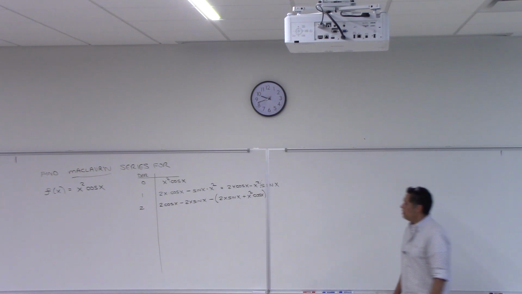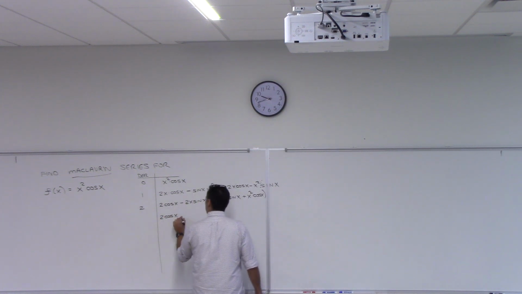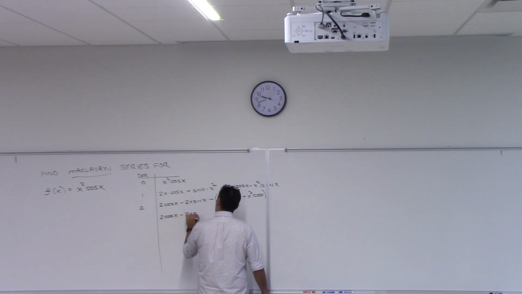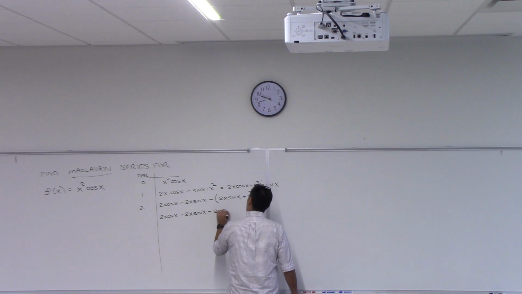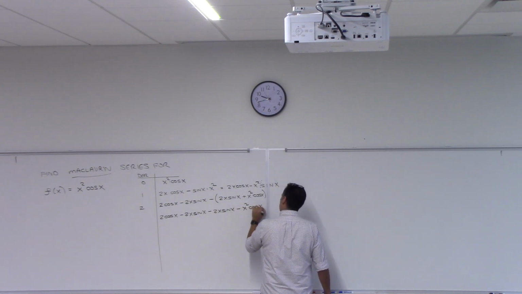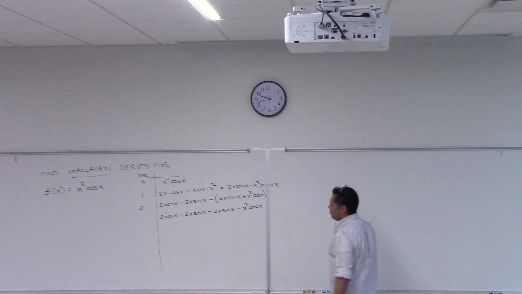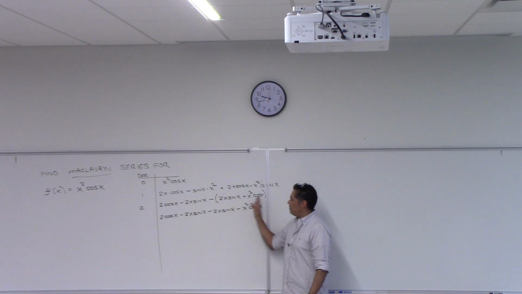Really quick, let me clean up though, hold on. I'll get the third one in a second. 2 cosine x minus 2x sine x minus 2x sine x again, right? And then minus x squared cosine x. Do y'all agree with that? All I did was distribute this negative through.